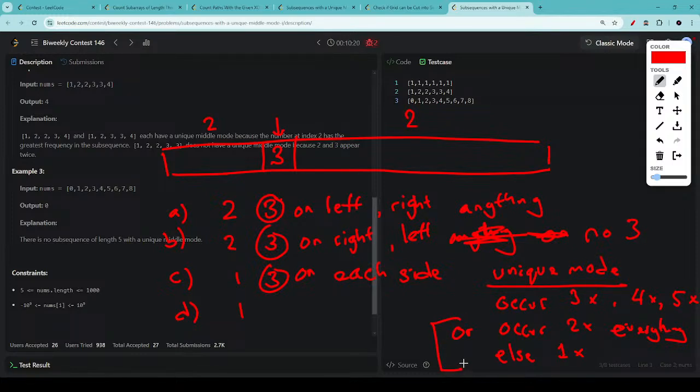This one is easy. You basically choose a subsequence of length 5, where the middle number is x, say 3, and 3 appears at least 3 times. This is easy. You just do a frequency table.